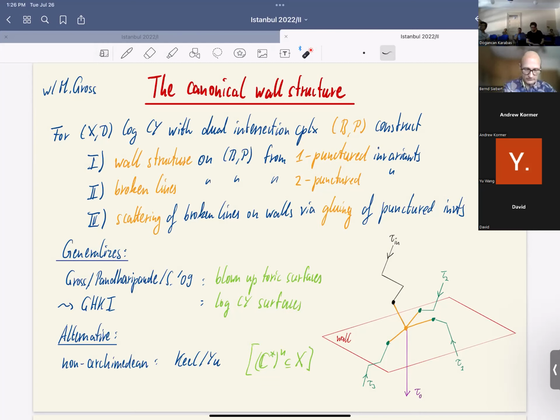Historically, let me just tell that the predecessor of all these kind of enumerative interpretations of scattering diagrams is really the paper that Mark and I wrote with Rahul Pandharipande in 2009, where we constructed, kind of did an intrinsic mirror symmetry.